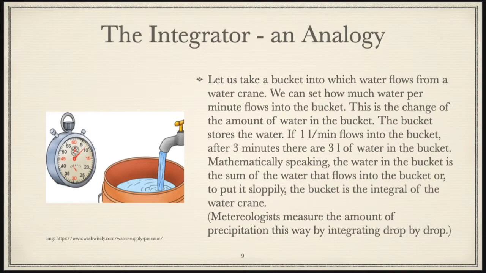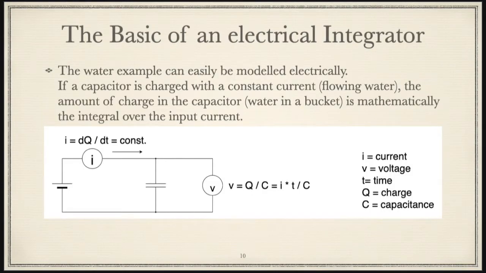This can be done electrically. If a capacitor is charged with a constant current, the flowing water, the amount of charge in the capacitor, water in the bucket, is mathematically the integral over the input current.